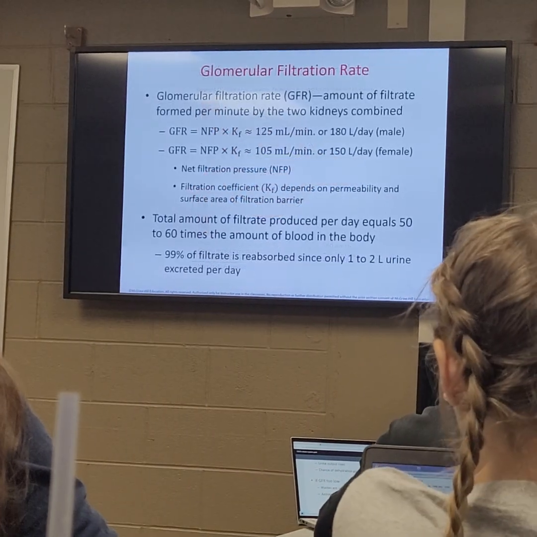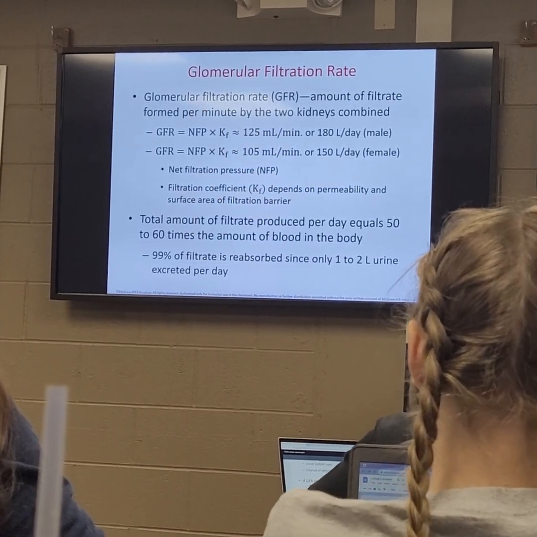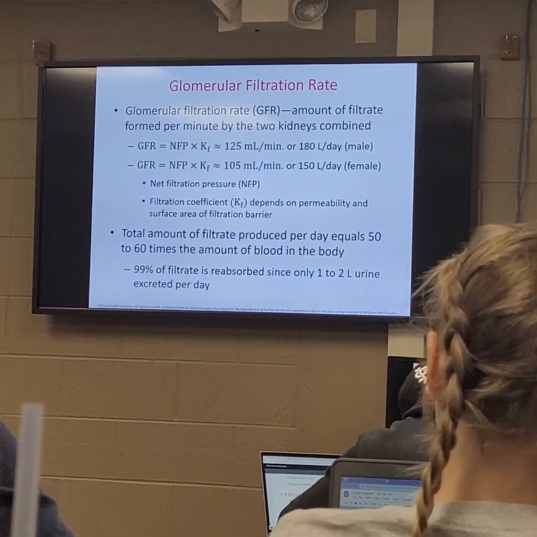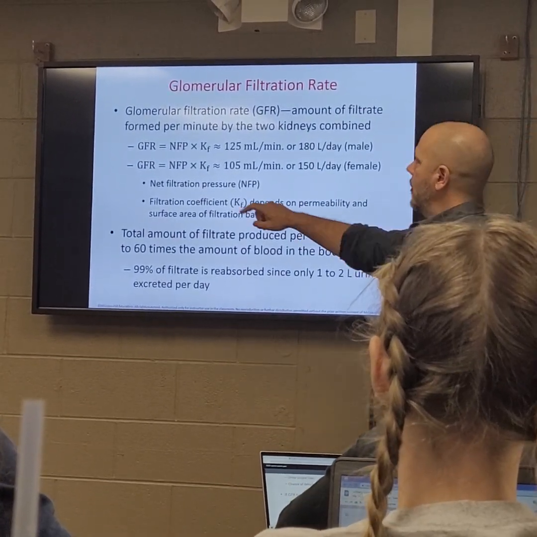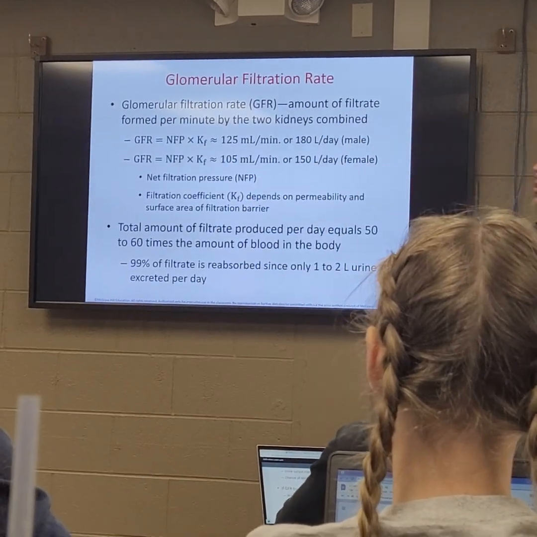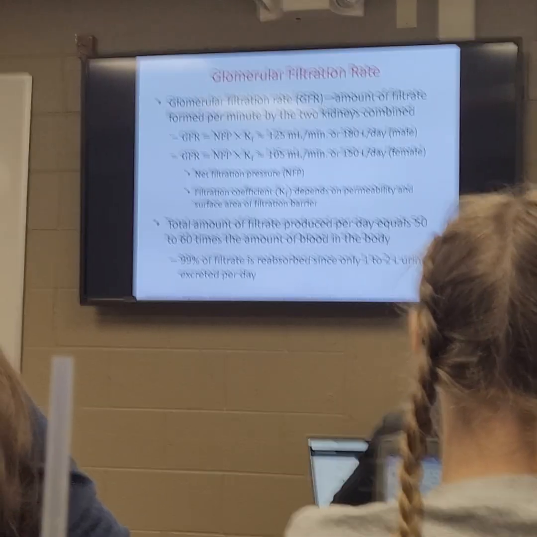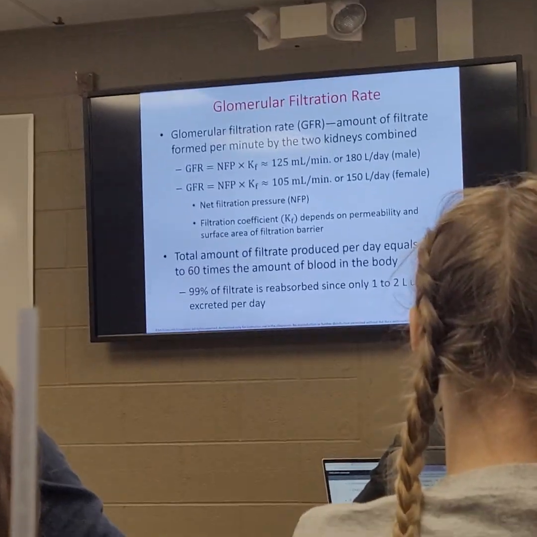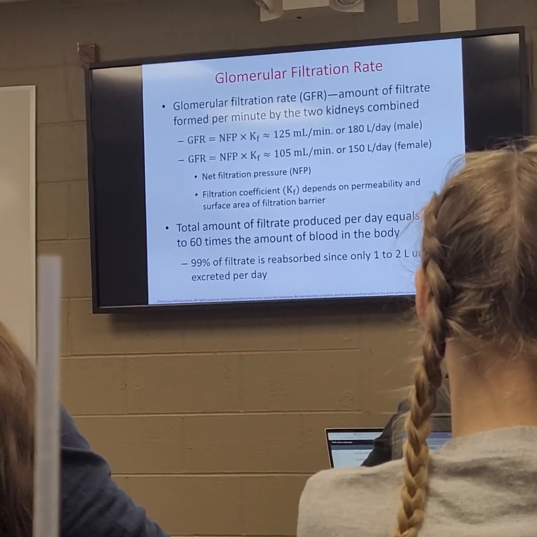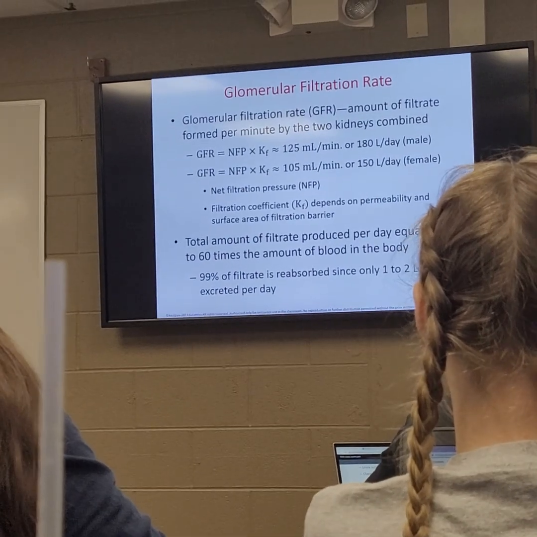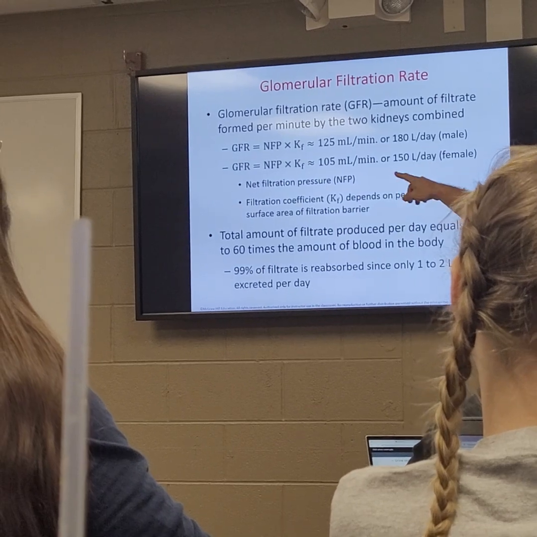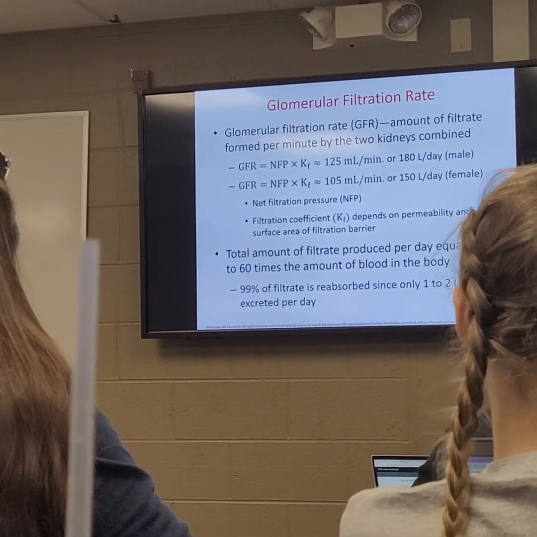And then we quickly went into glomerular filtration rate, which is we take that force and we couple that with the K of F, which was essentially the permeability and the size of the membrane. It's the filter size. And we said that a man, for example, has on average larger kidneys, and therefore they're filtering more blood per day. And women having slightly smaller kidneys on average will filter a little bit less.